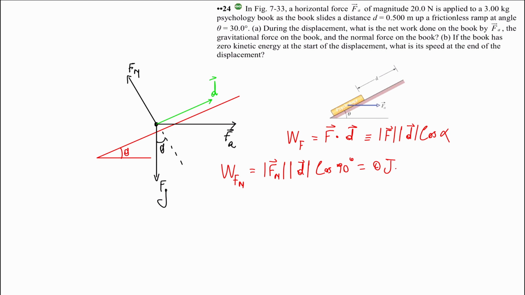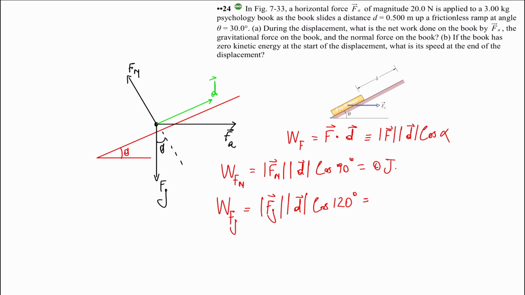This therefore enables us to compute the work done by the force of gravity, which is the magnitude of the force of gravity times the displacement vector in question times cosine of 120. The force of gravity here is just mg, the mass times the gravitational acceleration, and the displacement is 0.5.